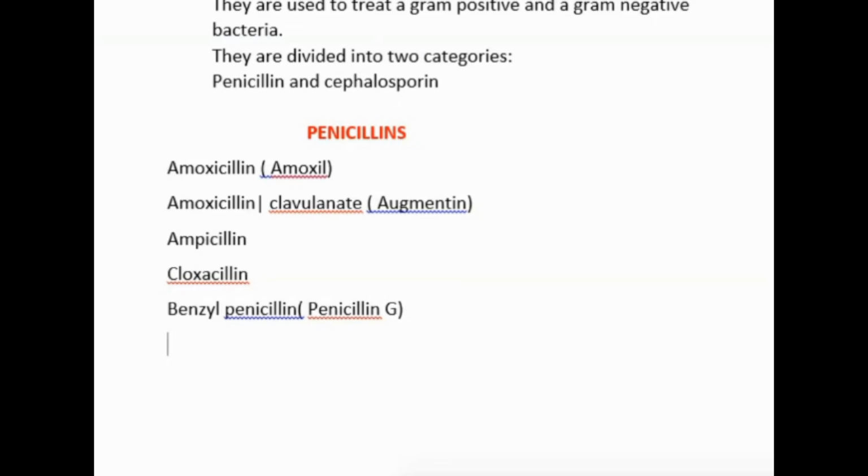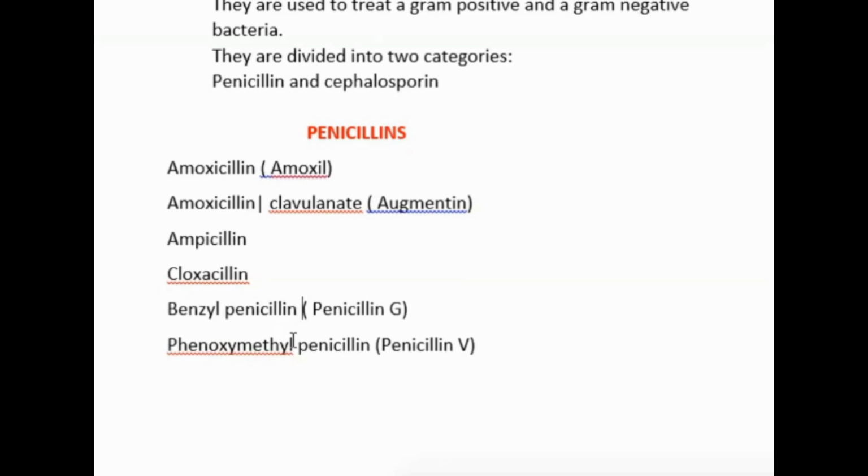We also have phenoxymethylpenicillin, which is also known as penicillin V. So these are penicillins.